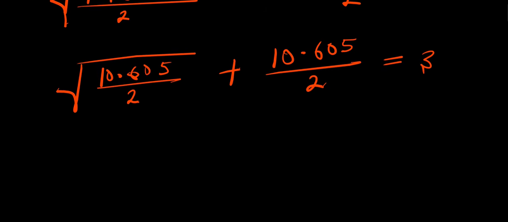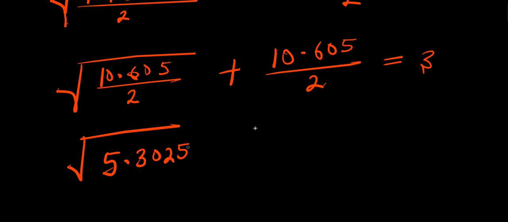So from here, we need to divide this by 2. So 10.605 divided by 2, we have square root of 5.3025 plus 5.3025, and this equals 3.